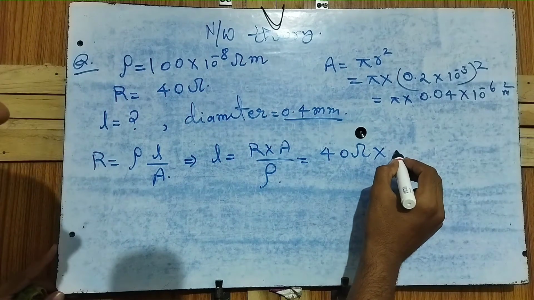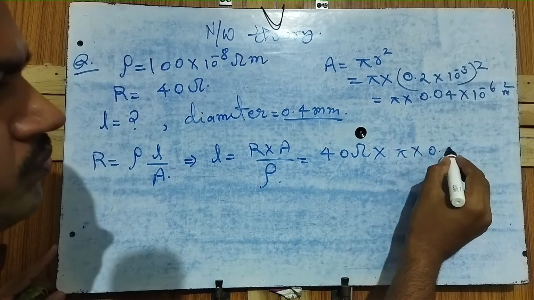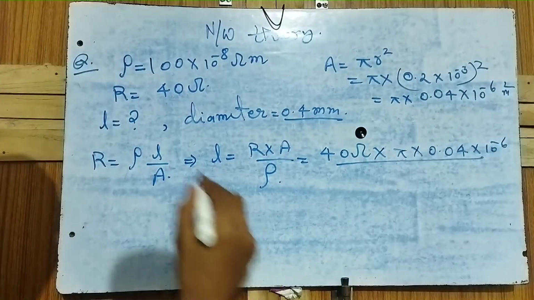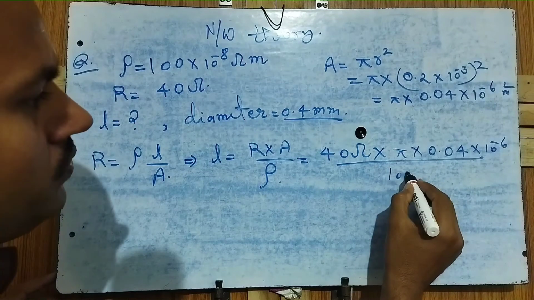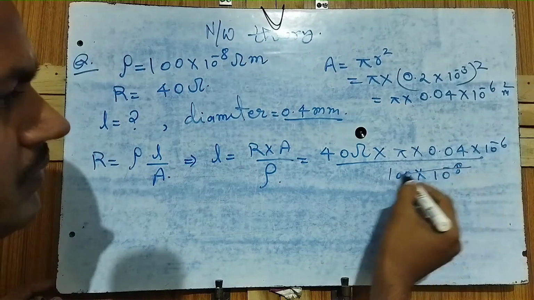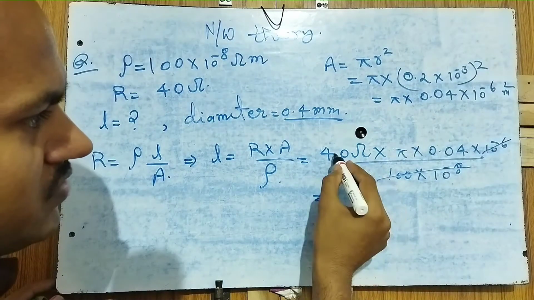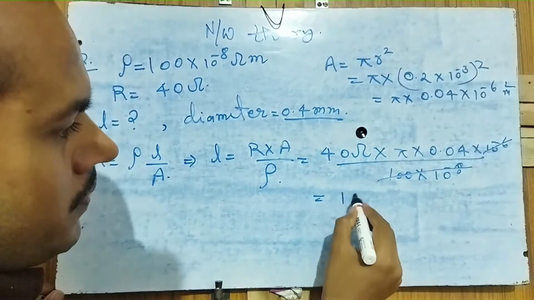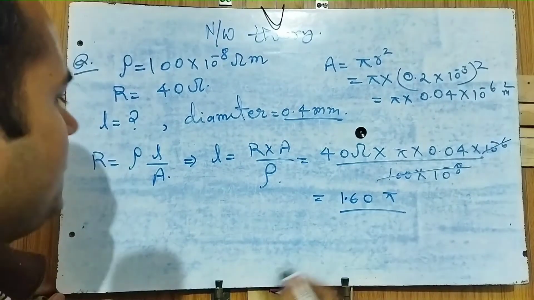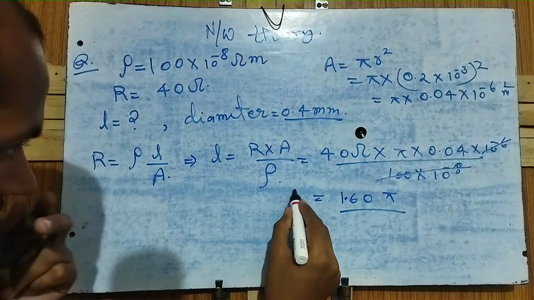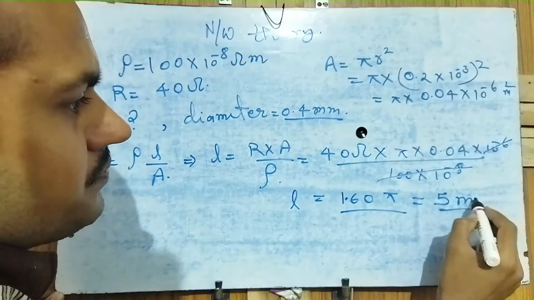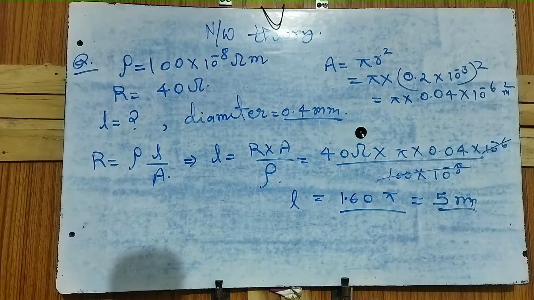So put here pi into 0.04 into 10 power minus 6 divided by what is rho? 100 into 10 power minus 8. 8 and 100 will be 10 power minus 6, and this will be 4 into 4, 16, 160, 1.6 pi. 1.6 pi will be length, or if you solve it, it will come out 5 meter, right?